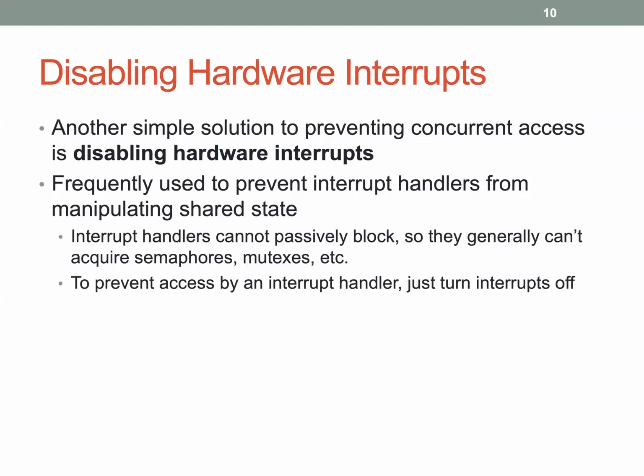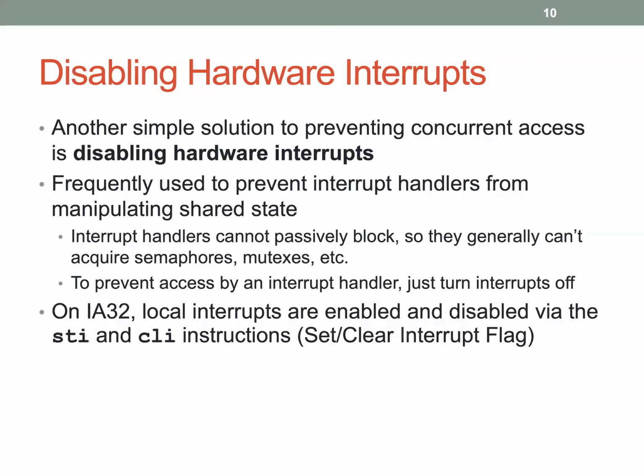This is one of the techniques that you will definitely use in this first Pintos project, because you may have code that's executing in a trap handler or code that is not part of an interrupt handler, and you want to make sure that if an interrupt handler goes off that could muck with that state, that situation doesn't occur. The easy way to do it is just turn off interrupts while the shared state is being manipulated. That way you can guarantee that no interrupts will fire.